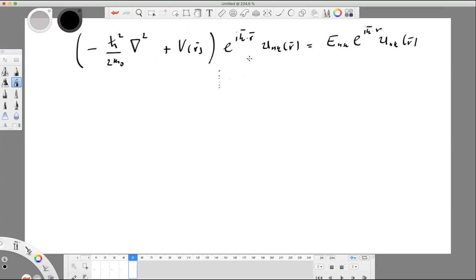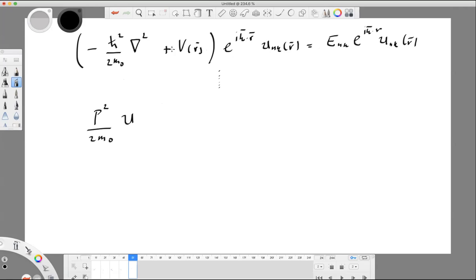After doing this procedure, without any approximations, just following your nose with the algebra and the derivatives, you will get p squared, and I'm writing again a compact form of this operator. The derivative of the exponential always generates the exponential itself, multiplied by some prefactors related to k, so you will have the exponential on both sides that can be cancelled.